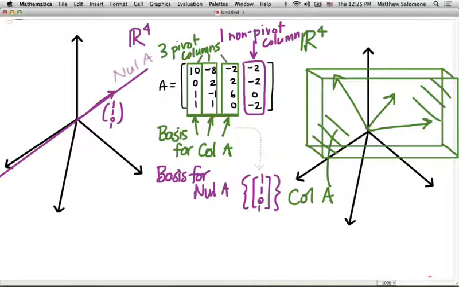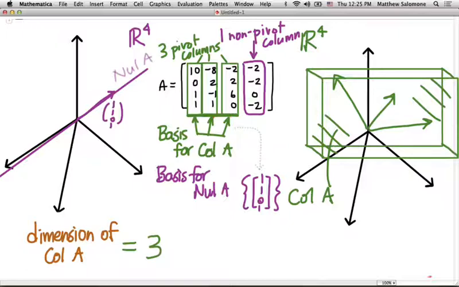I'm using the word dimension here. Dimension is just another word for the number of vectors in a basis. So to reframe what we said here, the dimension of the column space of A, that was the number of vectors in its basis, and since its basis had those three vectors up here in it, the dimension of the column space of A was 3.